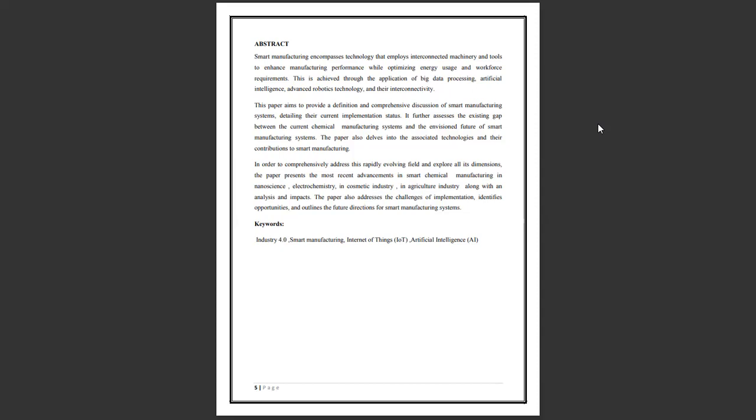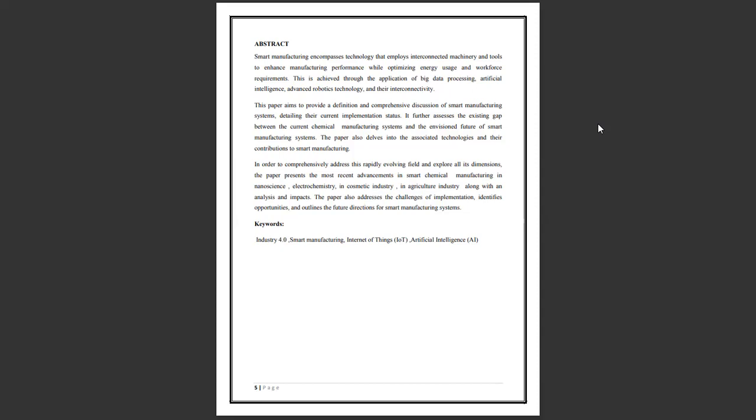This is achieved through the application of big data processing, artificial intelligence, advanced robotics technology, and their interconnectivity. This paper aims to provide a definition and comprehensive discussion of smart manufacturing systems, detailing their current implementation status.